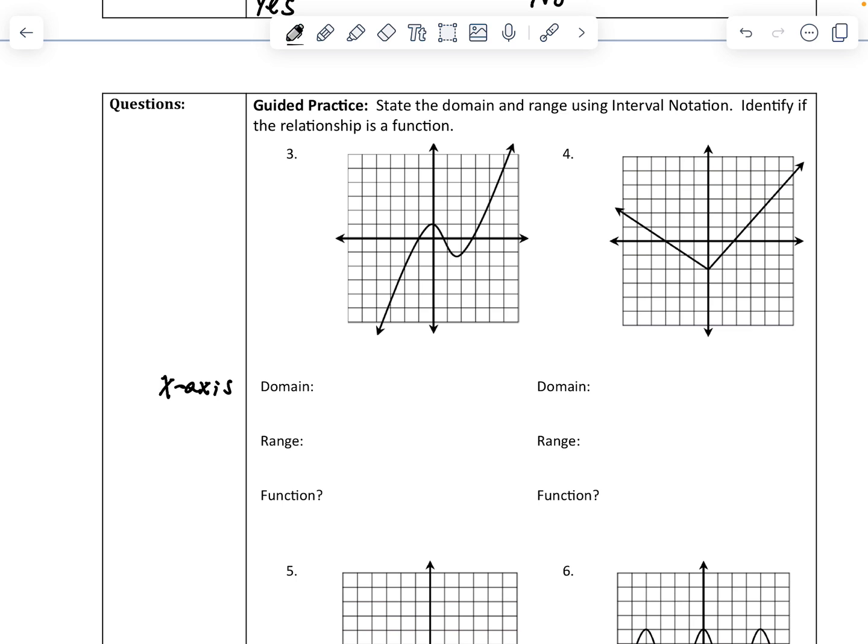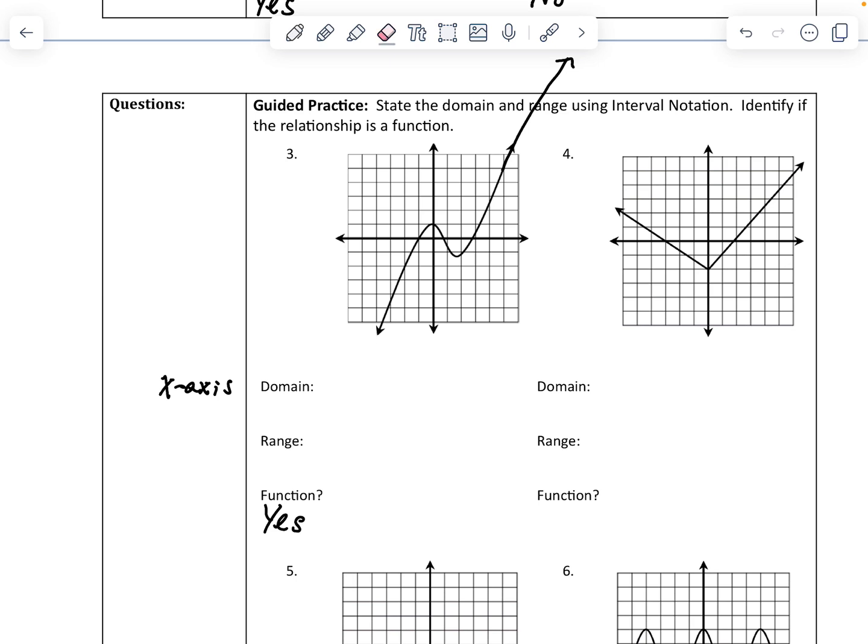All right. So in this example, is it a function or not? Well, this one is a function. It's going to pass a vertical line test. But let's figure out what our function is doing. Well, it's going up, up, up forever, but at the same time it's going to the right forever. And it's going down forever, and also it's going to the left forever.